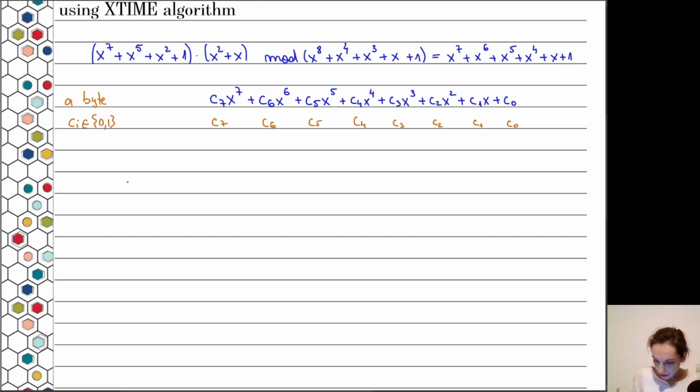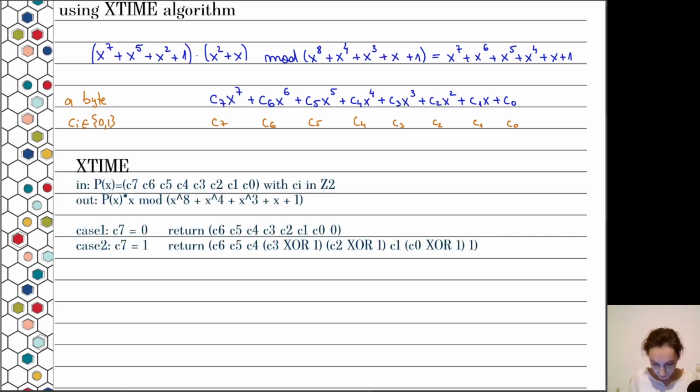Okay, and now let's see the algorithm, XTIME algorithm. The input will be a polynomial with the degree at most 7. So the degree is at most 7. And the coefficients are in Z2.